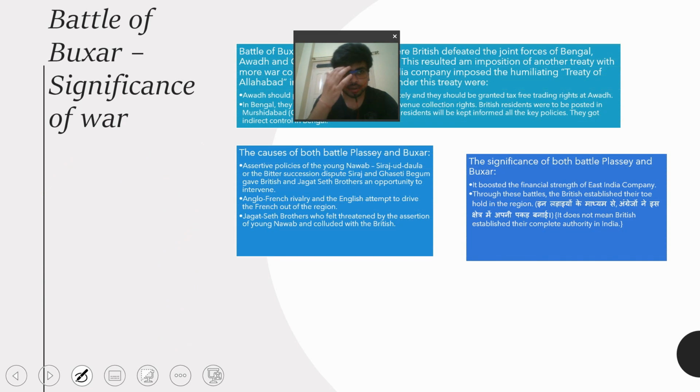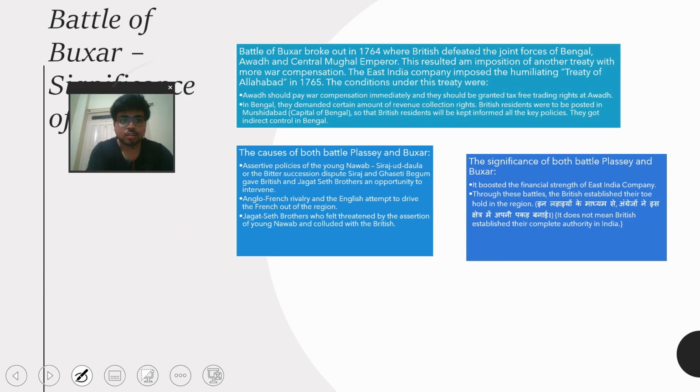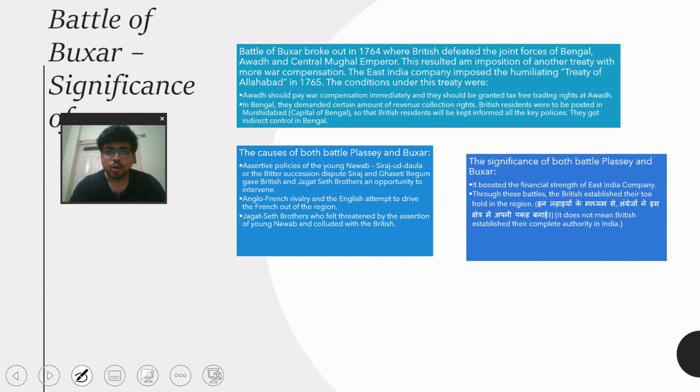So let us see the Battle of Buxar and its significance. The Battle of Buxar broke out in 1764, where the British defeated the joint forces of Bengal, Awadh, and the central Mughal authority, and this was a huge thing for the whole world. You remember during Aurangzeb's time, when the British raised a war against the Mughals, they lost.